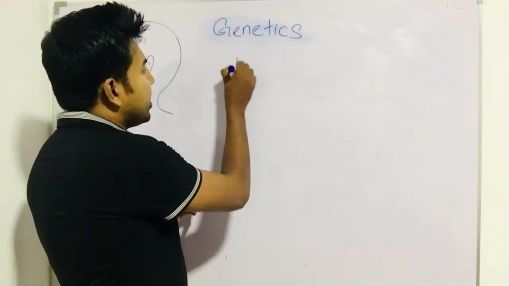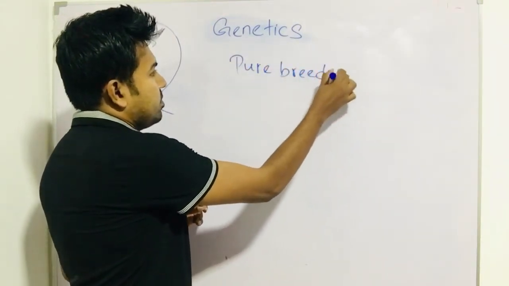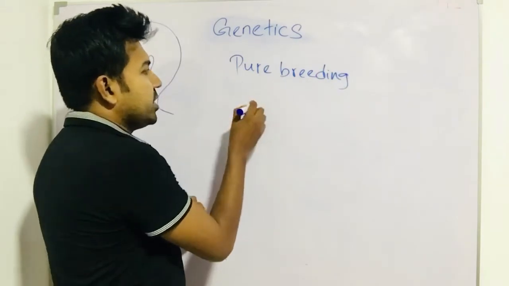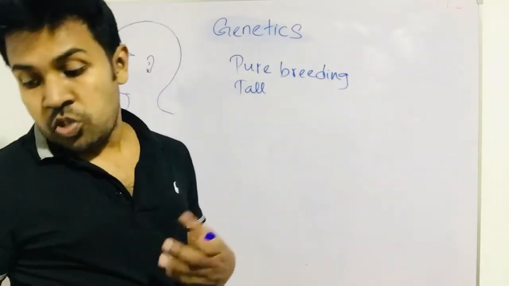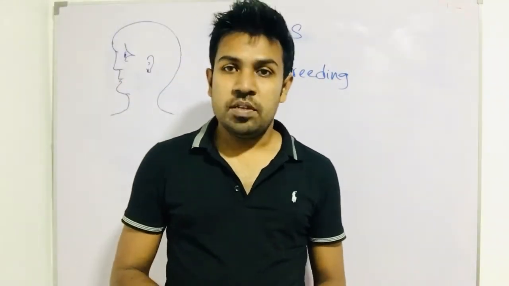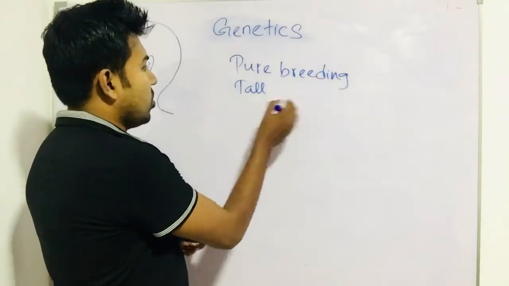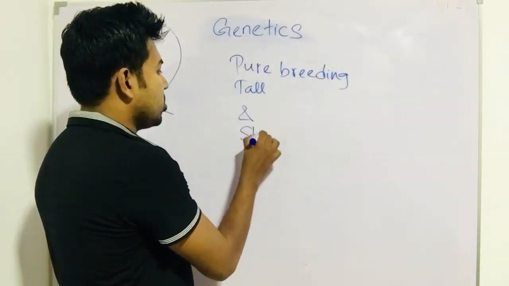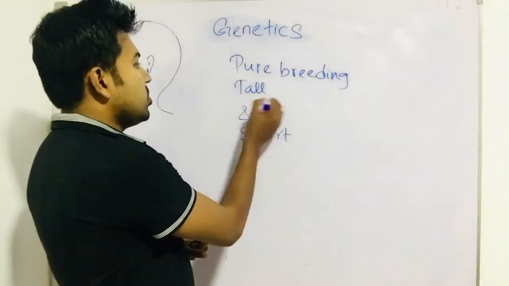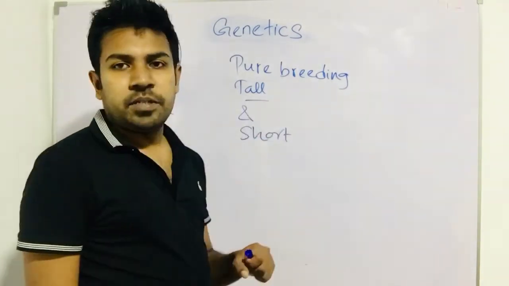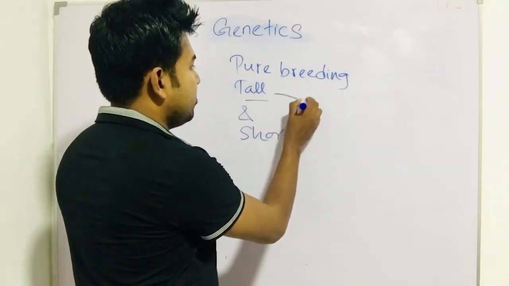So he crossed these two plants at the beginning, pure breeding tall and pure breeding short, right? So I will put the symbol. Usually genes are coupled, and two genes transmit one characteristic.